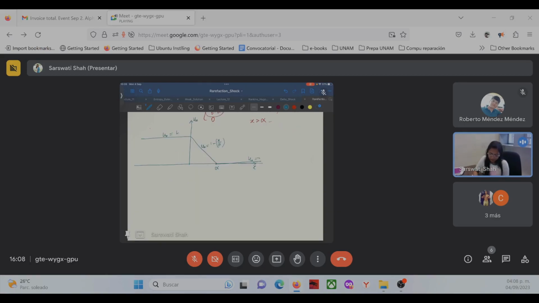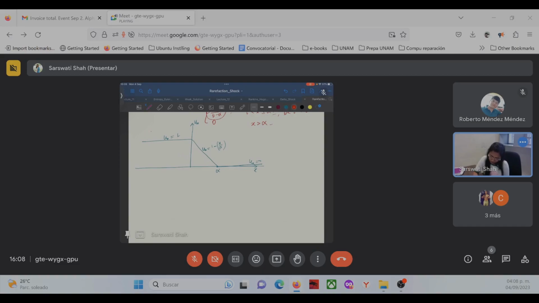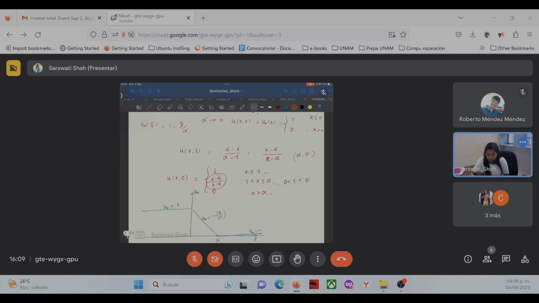Next, plot the solution. Now the solution will be plotted in x versus t. Okay, so tell me, when x is less than or equal to t, then u of x, t is 1.